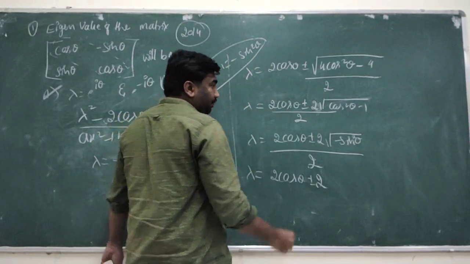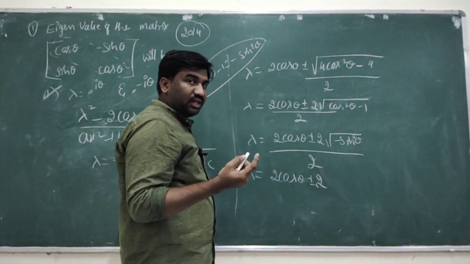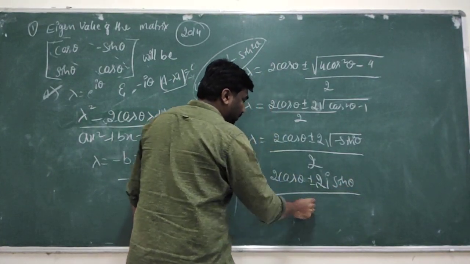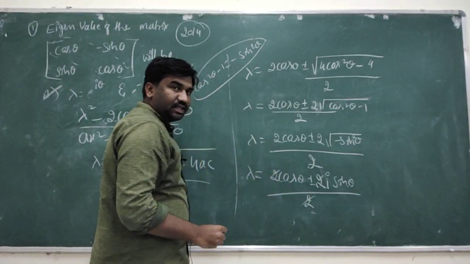Root of minus 1 is nothing but i, so 2i sin theta divided by 2, and these two get cancelled.